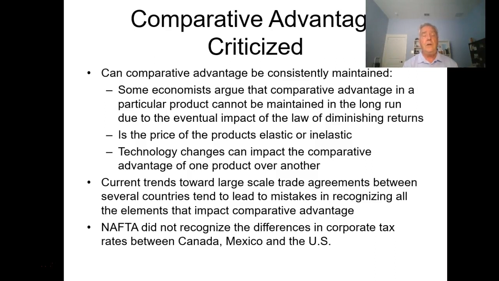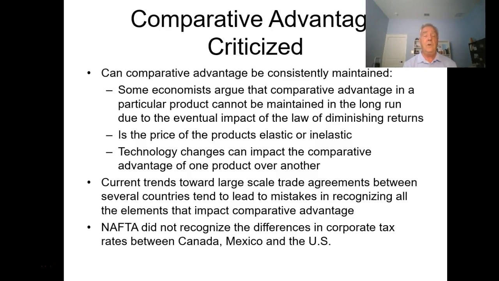We have the highest tax rate of those three countries. We're at 35%, Canada is nominally at 25%, including province taxes, and Mexico is about 30%. None of that differential, which affects the price you're able to set in the world market, was taken into account in agreeing the NAFTA treaty.